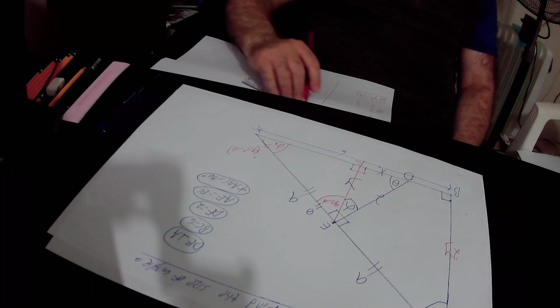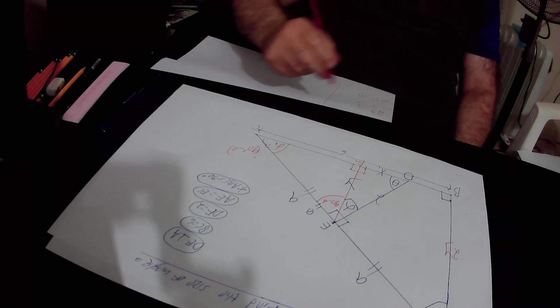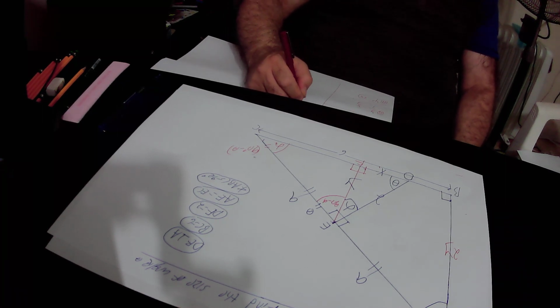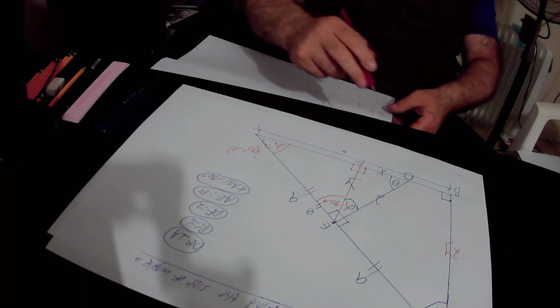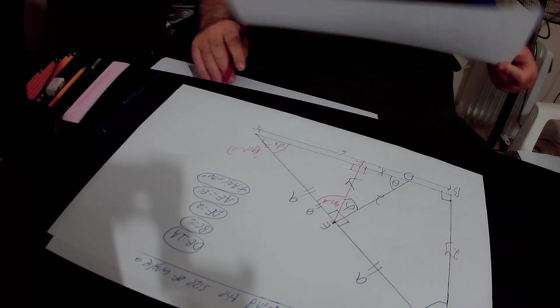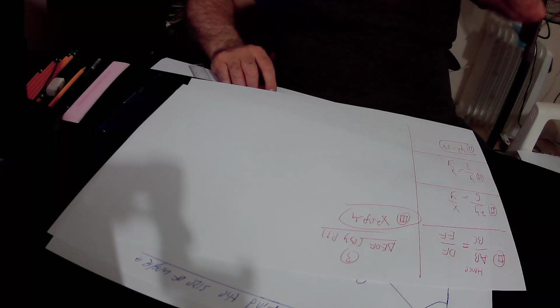So this will be equation number 3, that x squared plus y squared equals 2 squared, that is 4. So according to equation number 3, in the right triangle EDF, by Pythagoras theorem, x squared plus y squared equals 4.